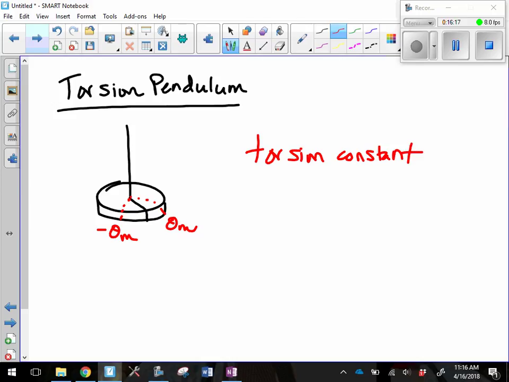And that torsion constant, as you read, isn't a K, it's a kappa. And you make a kappa a little different. I mean, that's kind of what it is. If you look in your book, that's a lot what it looks like.